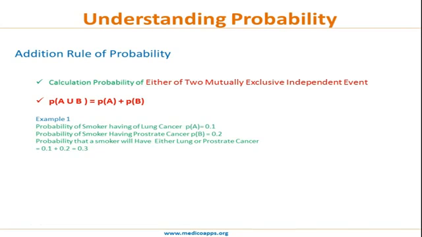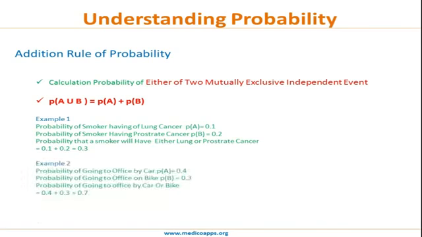So probability that a smoker will have either lung cancer or prostate cancer is 0.1 plus 0.2, that is 0.3. Now here I made a not so good assumption. I have assumed that a smoker can have only lung cancer or prostate cancer, but never both. Which is a wrong assumption, but for simplicity I have assumed it.